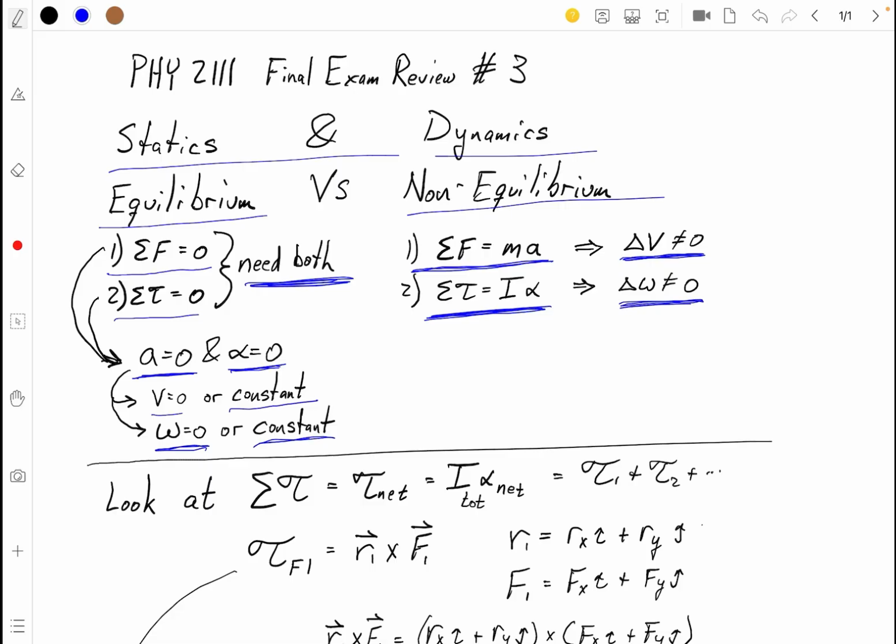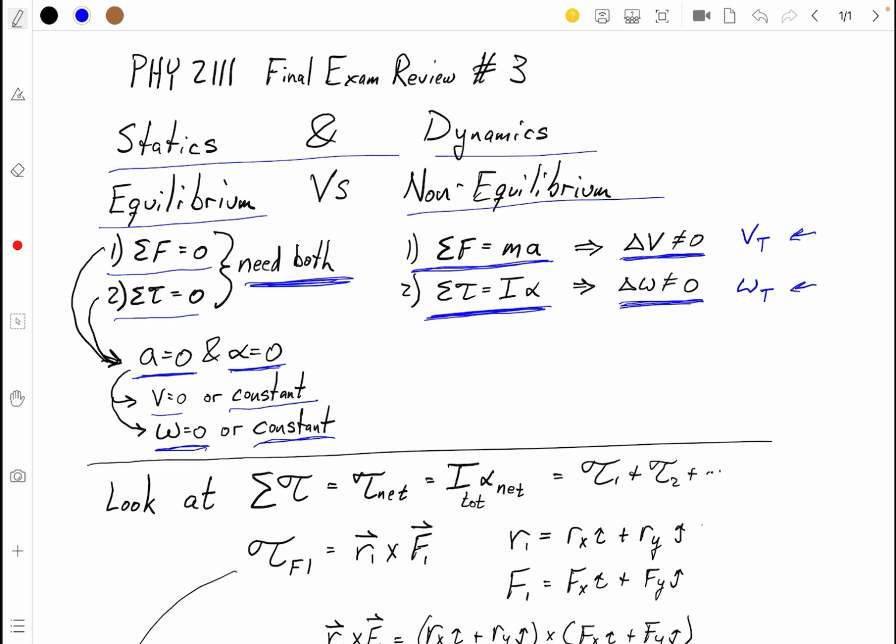Now, when would you not have a change in velocity? Well, that means that you're at your terminal velocity, or you're at your omega terminal. So you've got frictional forces that are impeding your applied forces, and they balance out, leaving you with these terminal velocities.